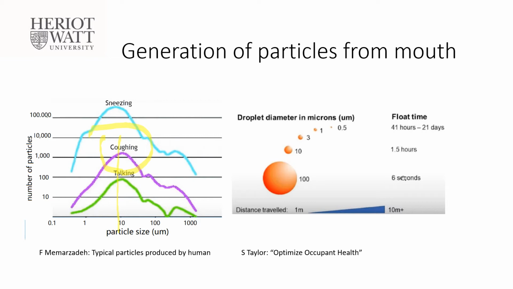Some are bigger, even much larger, around 10 or so. There are also smaller ones, so there's a kind of distribution. That's a cough. A sneeze, much more. That shows you how many particles can be produced by one cough, one sneeze, or normal talking.